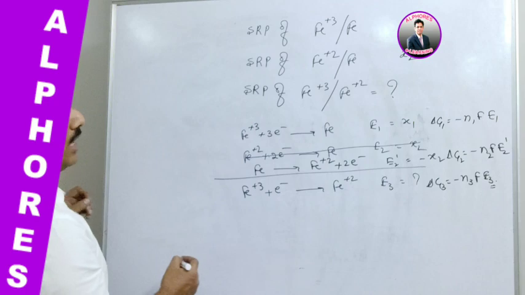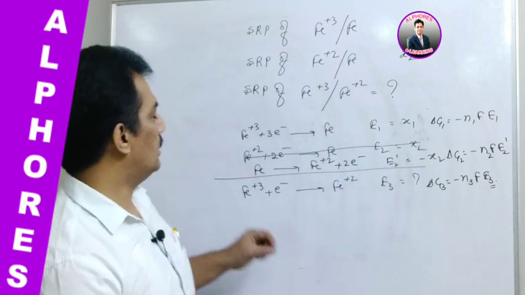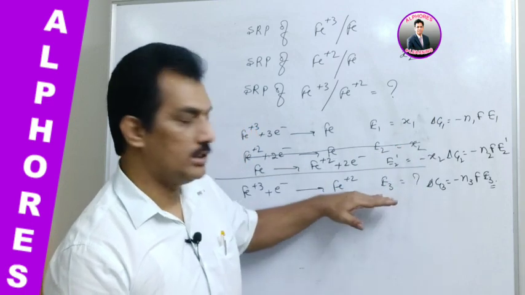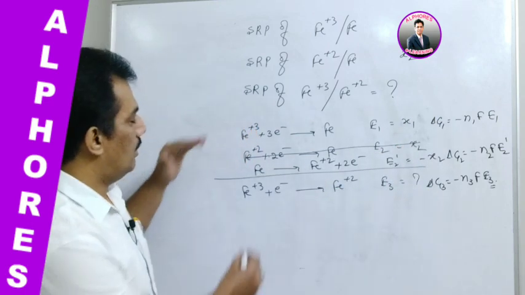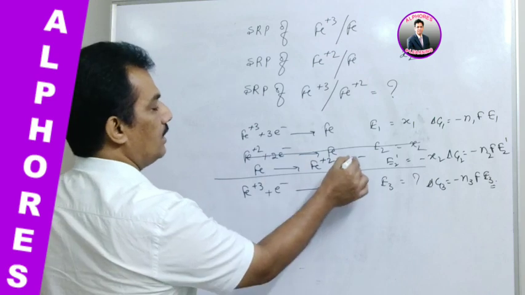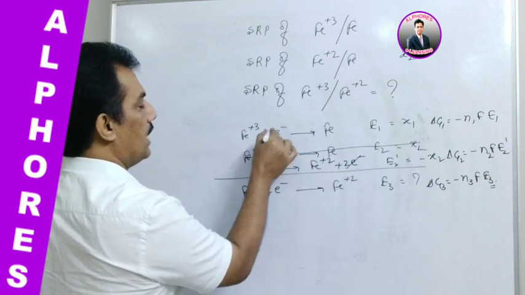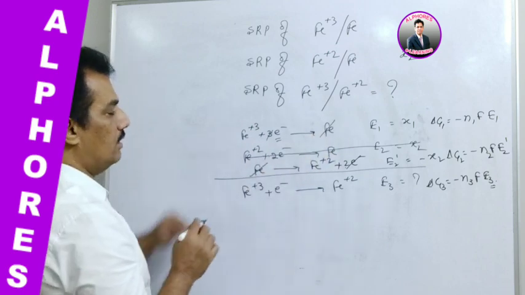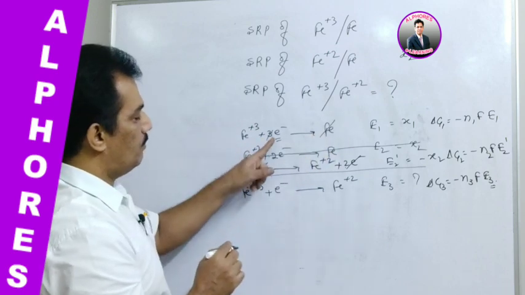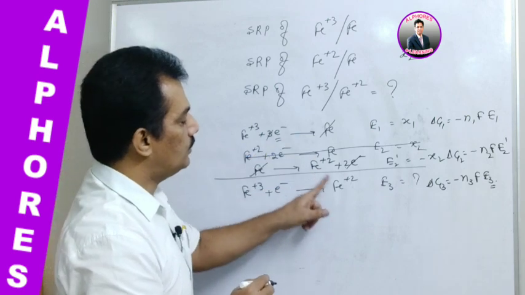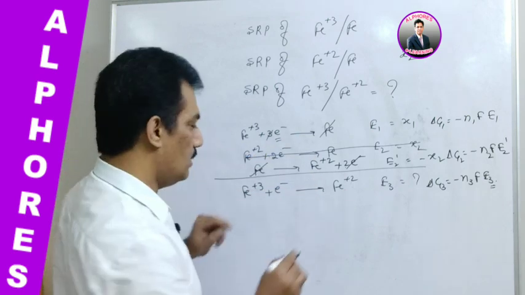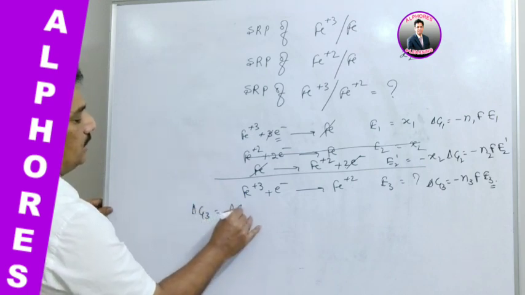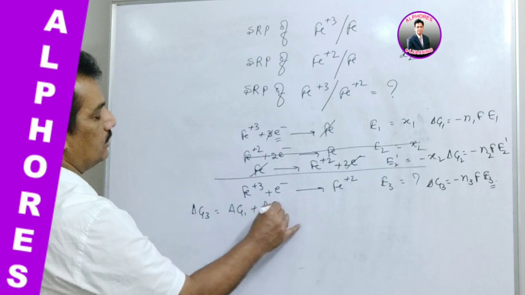And now let us consider how we are getting this. After rearranging, when these two are added, we get the third equation. Just observe, after this rearrangement, 2 electrons are cancelled here, 1 electron remains, and Fe is cancelled, and Fe plus 3 by taking 1 electron will produce Fe plus 2. Clear? So that's why delta G3 is equal to delta G1 plus delta G2.